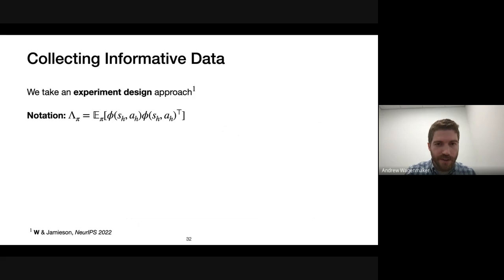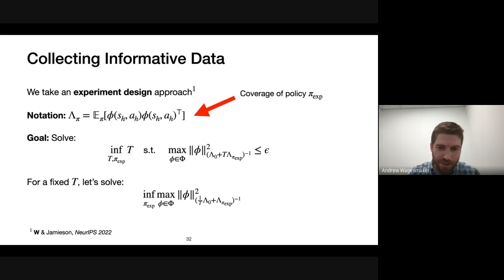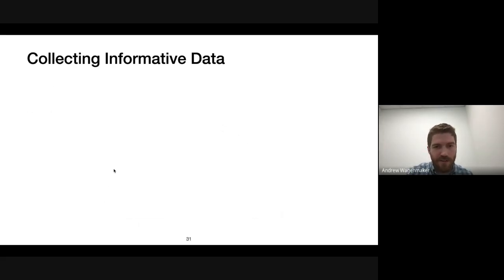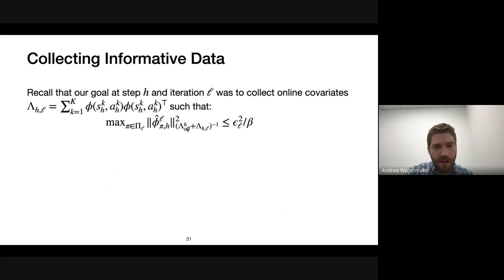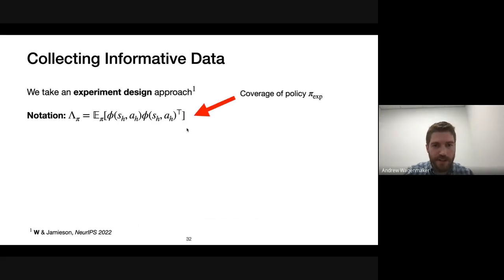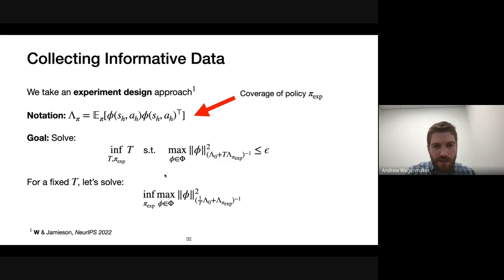The gist is that we can think about finding this good data coverage as an experiment design problem, meaning we want to find some exploration policy, call it pi exp, such that in direction phi for all relevant phi, in this case phi for our active set, this confidence interval is small for our offline data, denoted lambda naught, combined with the online coverage induced by pi exp.